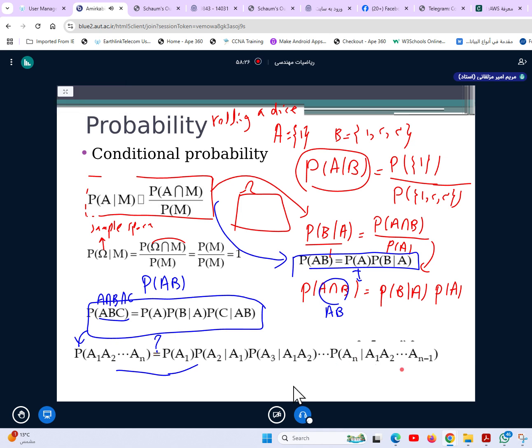It means that you replace the formula for conditional probabilities and simplify the formulation to prove this equation. This equation is called chain rule. This formula is called chain rules for probabilities, and it's very important. Any question?